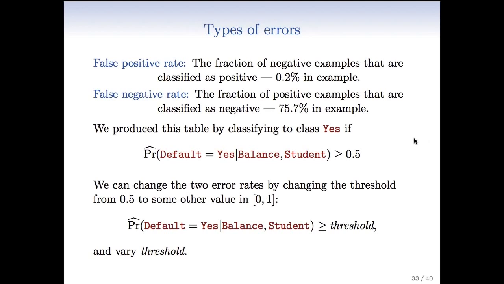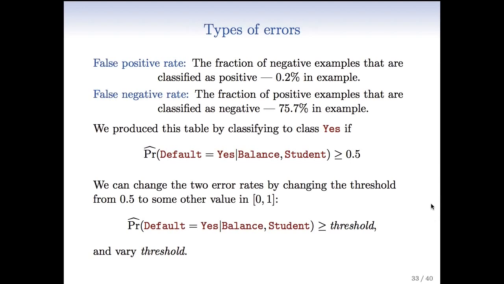Now, we produced the classification table by, intuitively, classifying default as yes if the probability of default was bigger than 0.5. Okay? But it gave us this very lopsided false positive and false negative rate.